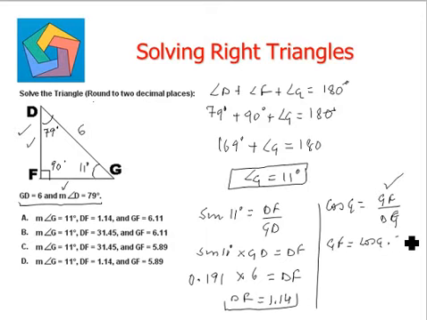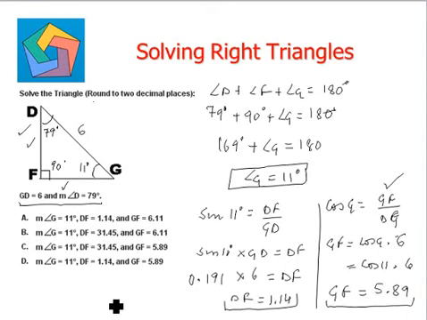So GF equals cosine of 11 degrees times 6. This can be found with the help of the calculator, and this will give us GF as 5.89. These are the three values that we have found: angle G as 11 degrees, DF as 1.14, and GF as 5.89. All these values match with option D.